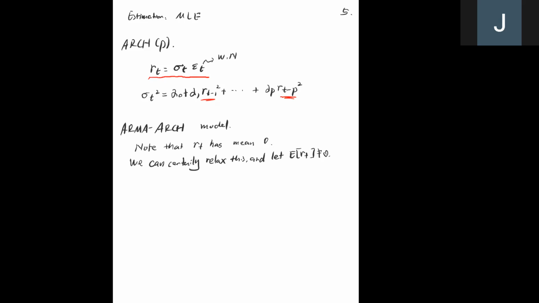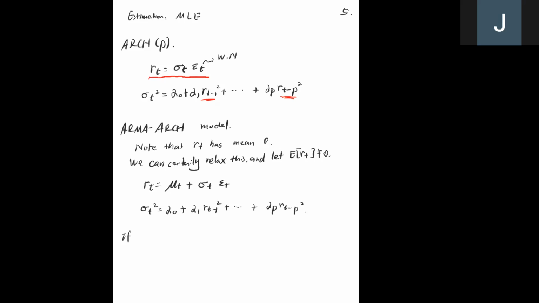That's the expectation of RT not equal to 0. To this, let me introduce this ARMA-ARCH model. So this is mu t plus sigma t epsilon t, and sigma t squared equal to alpha 0 plus alpha 1 RT minus 1 squared and so on.